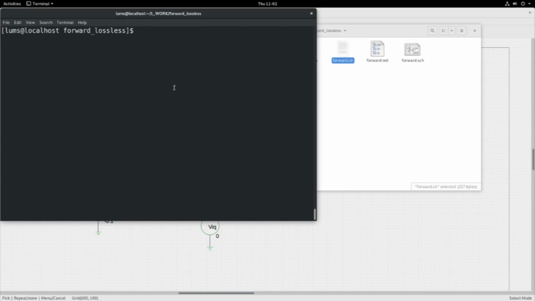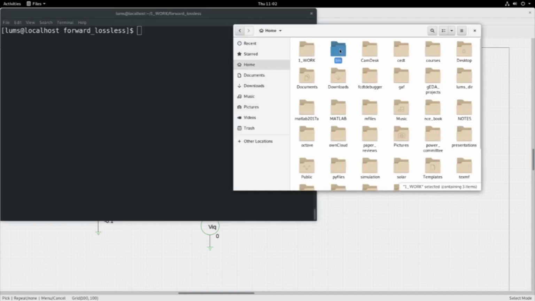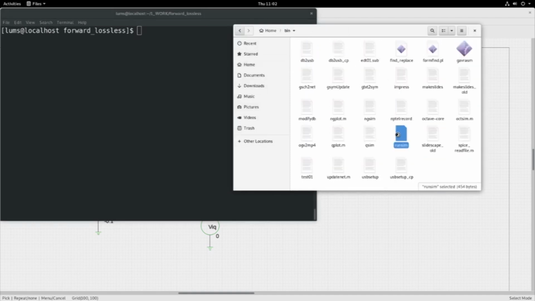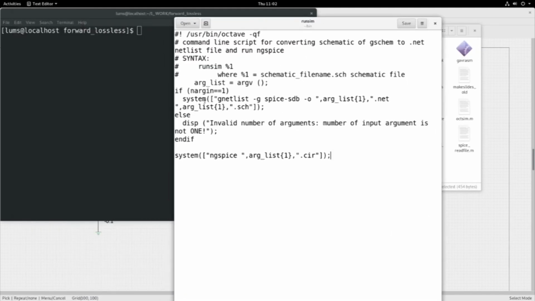Before that, I would like to show that I had earlier written this file runsim, which is an executable file, and here I have put the netlist generation as a script statement in Octave, and I am passing as arguments the schematic file and the netlist file that I would like to have.